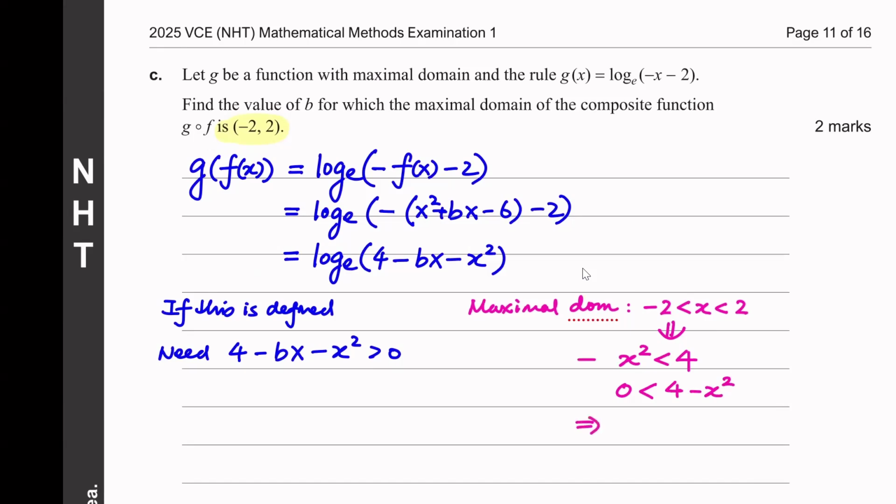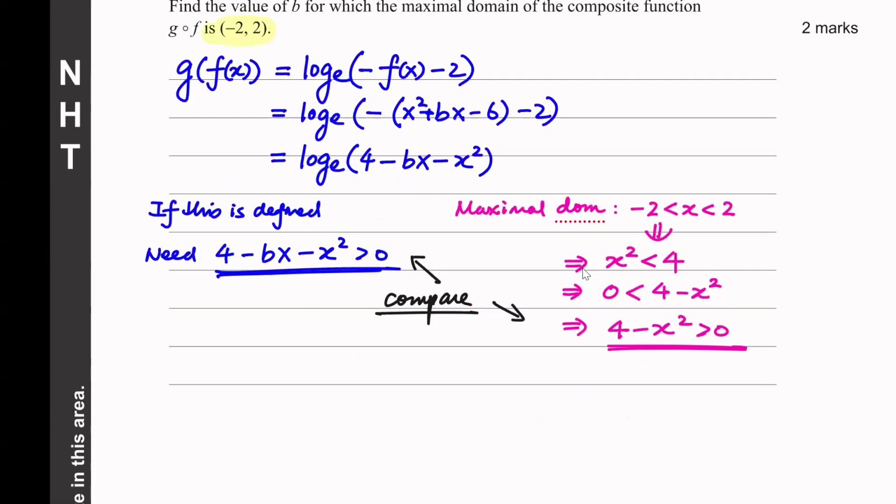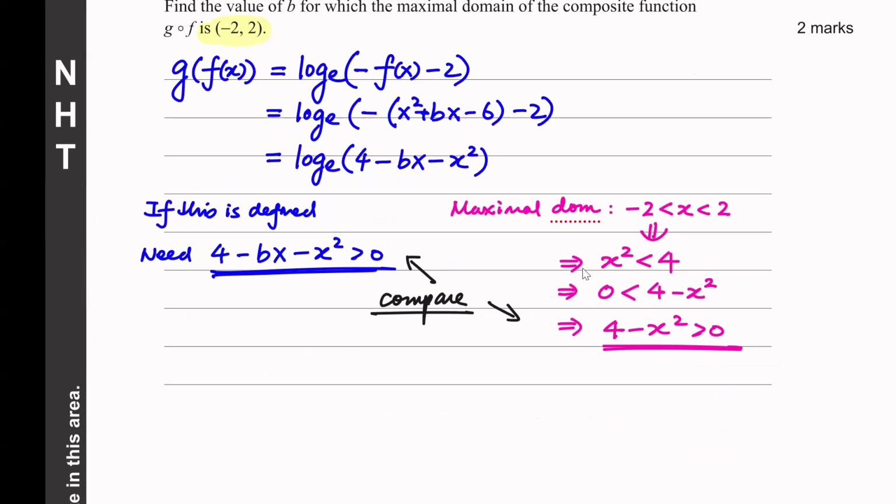So you would get 4 minus x squared is greater than 0. Aha. So when you compare them, you could say, all right, this one doesn't have an x term. Therefore, b equals 0. Something along this line.